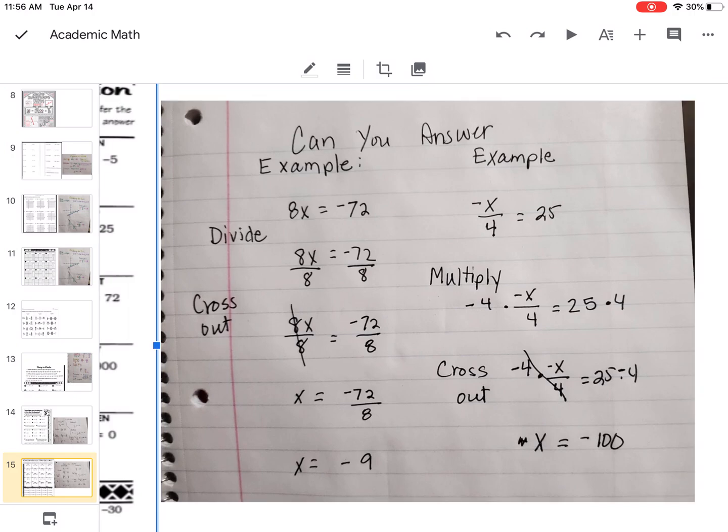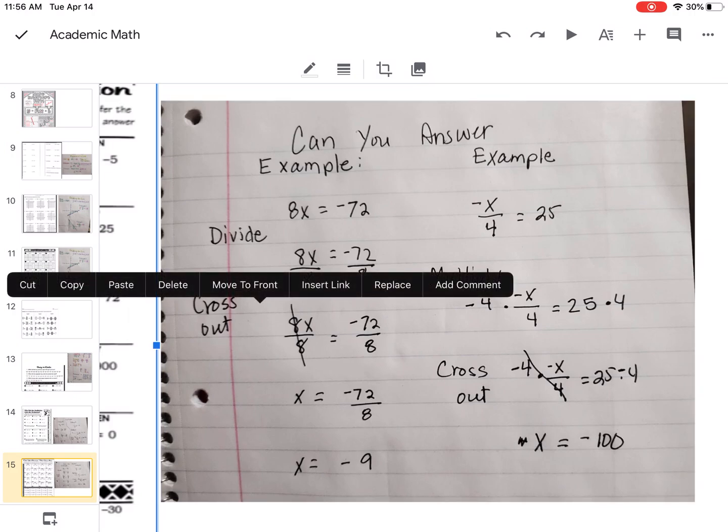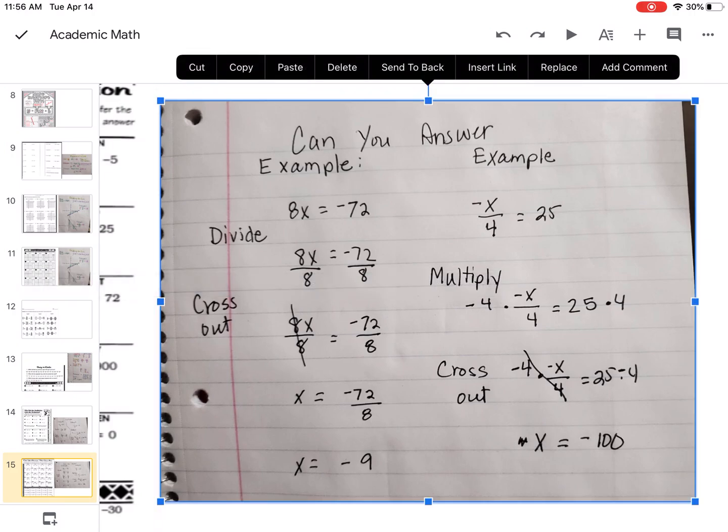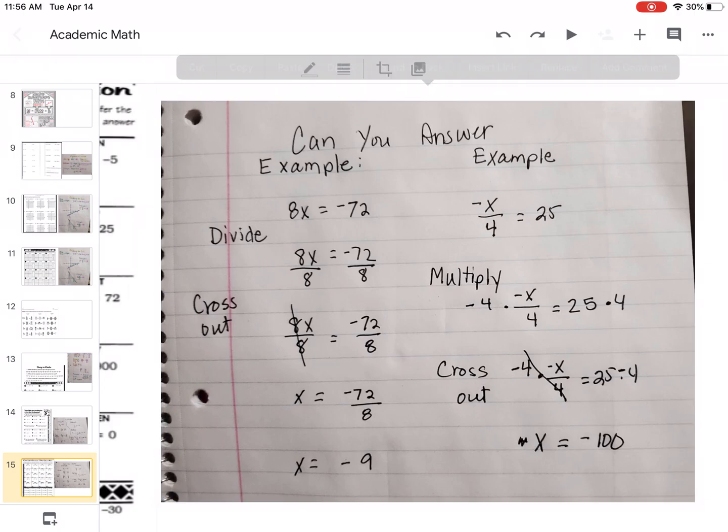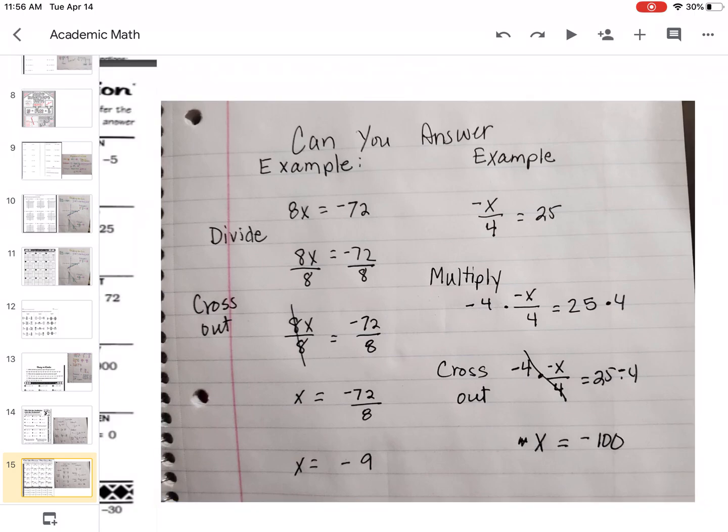Once I do that, I can cross out these 8's. Now I have x equals negative 72 over 8. x equals negative 9, because negative 72 divided by 8, signs are different, so I get negative 9.